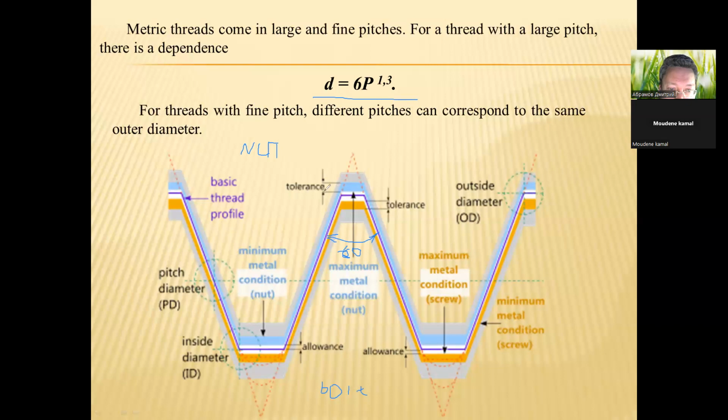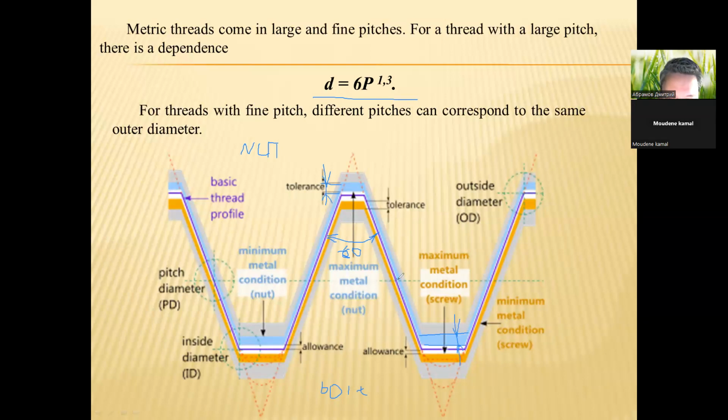You can see the tolerance, this distance, in the outer diameter of the nut. And you can see the tolerance field in the inner diameter of the nut.